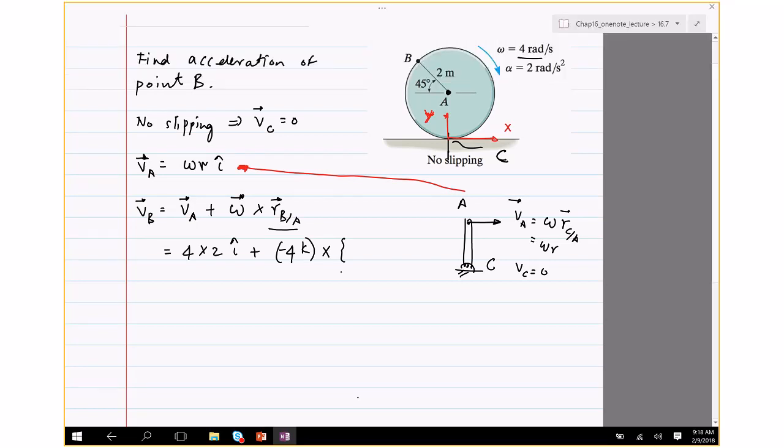So the vector A to B is going to be the length times the vector in this direction. That vector is at an angle of 45 degrees, so I need to resolve it along the x-axis. It's going to be cosine 45, but the cosine 45 points in the negative x direction, so negative cosine 45 degrees i.